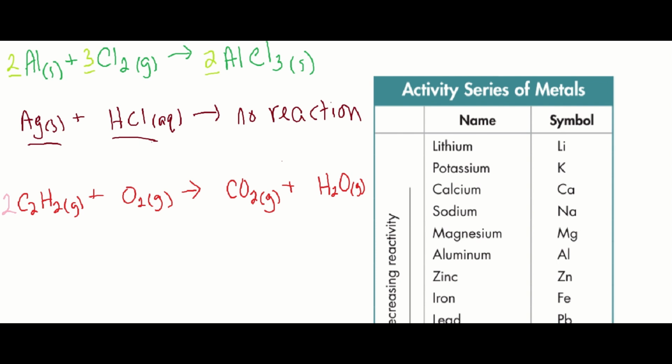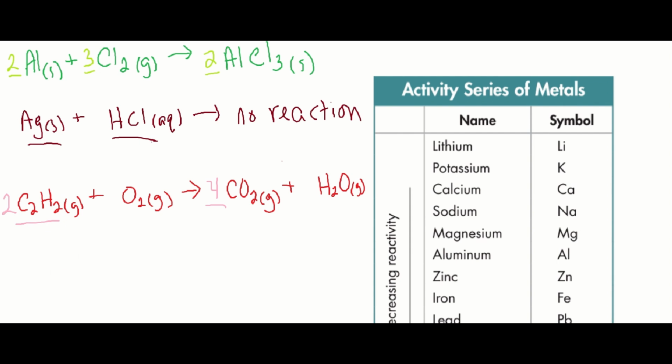Now, the coefficient in front of the carbon dioxide has to match the number of carbons in the hydrocarbon. So that has to be a 4, because the only place carbons show up are in the hydrocarbon and in carbon dioxide. Now, the only place hydrogens show up is in the water molecule and also the hydrocarbon. So the coefficient in front of the water molecule has to be half of the number of hydrogens in the hydrocarbon.